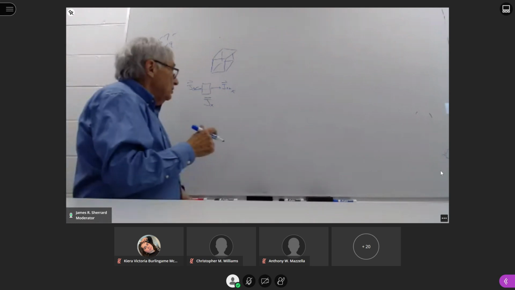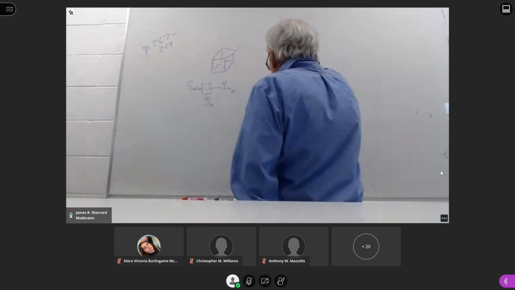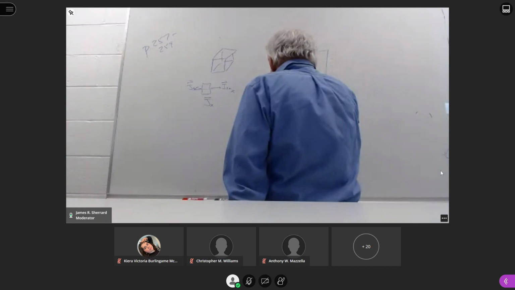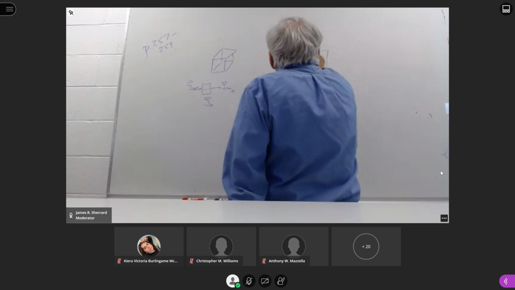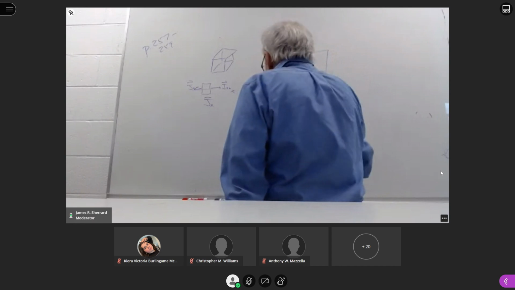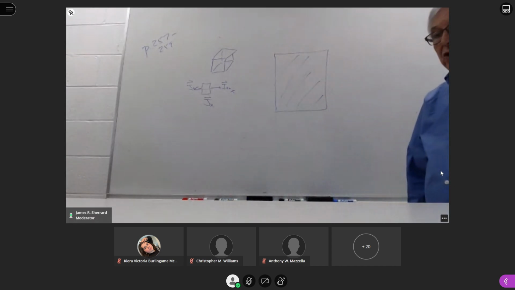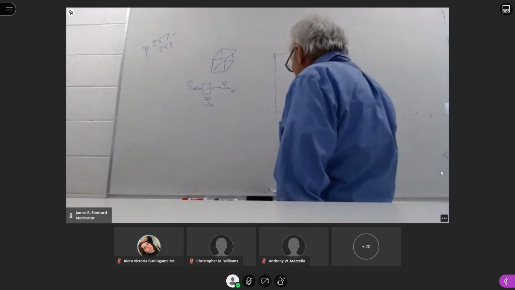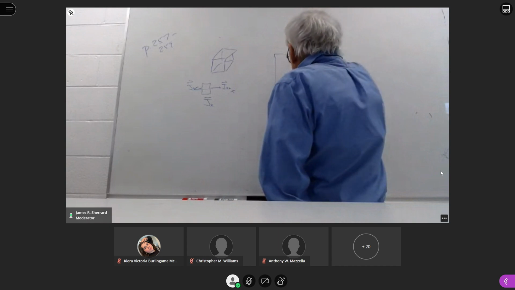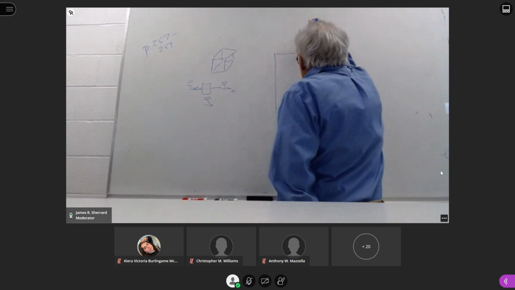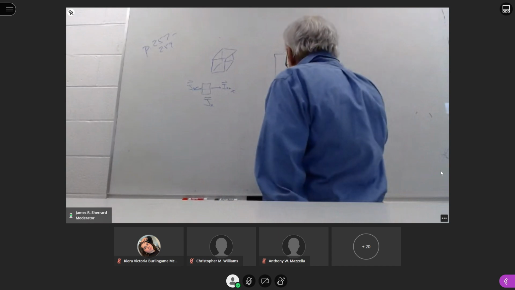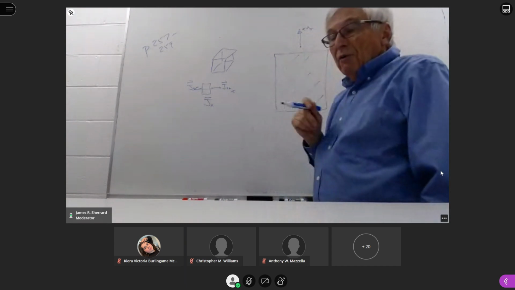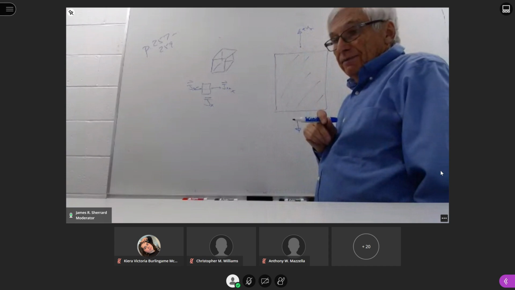Just to give you an idea on this, let's say we have a fuel and moderator mixture. Let's say in the y direction, that this fuel and moderator mixture goes to infinity.